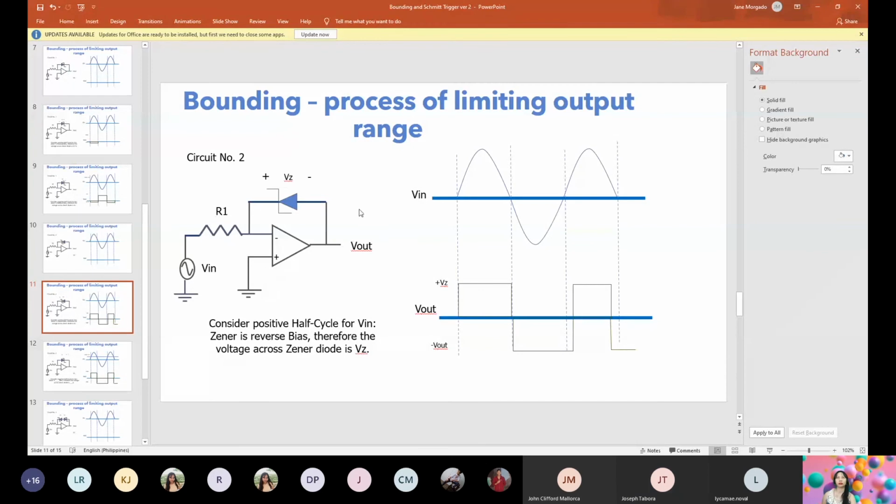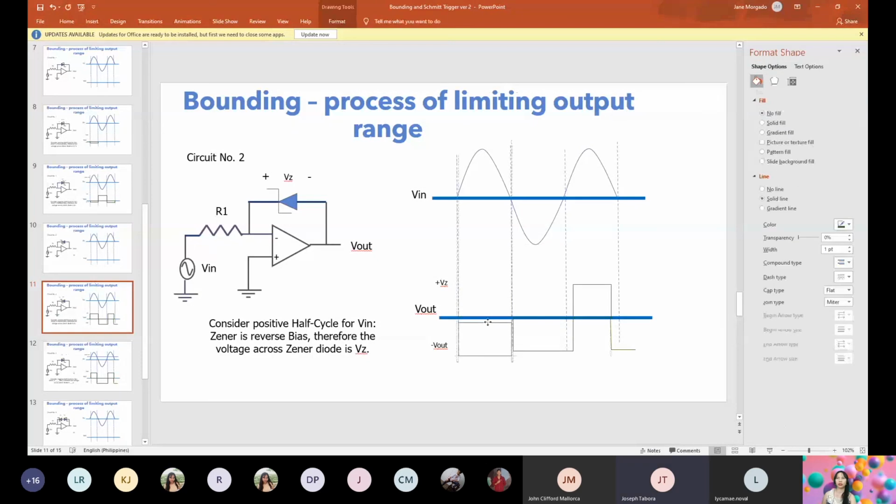Negative. So this should be negative Vz. Oh, we're getting better. So this is negative Vz.